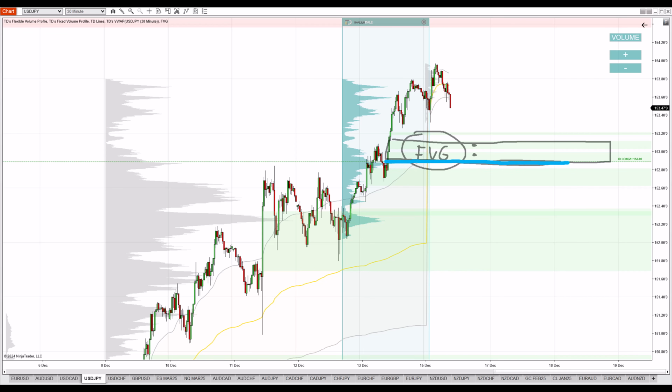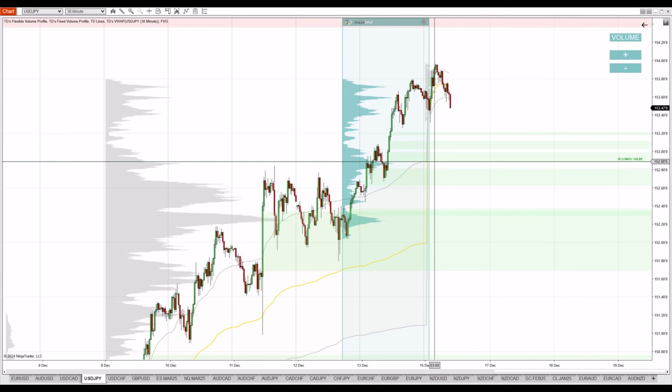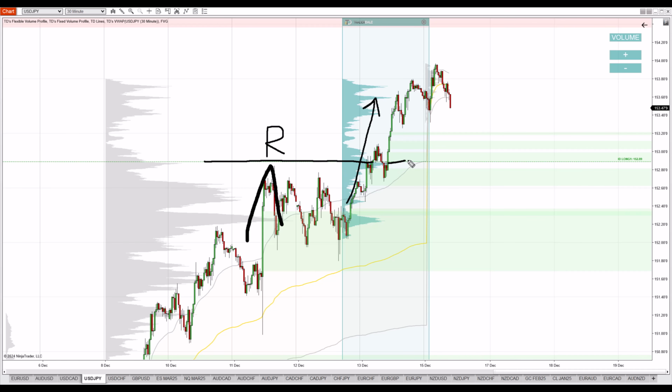So that definitely adds strength to that level, and what also adds strength to the level is the fact that the price was reacting to that level in the past. In here, very strong and sharp reaction, and this is telling me that this was a resistance in the past, and when the price went past that resistance, it turned into a support, right?